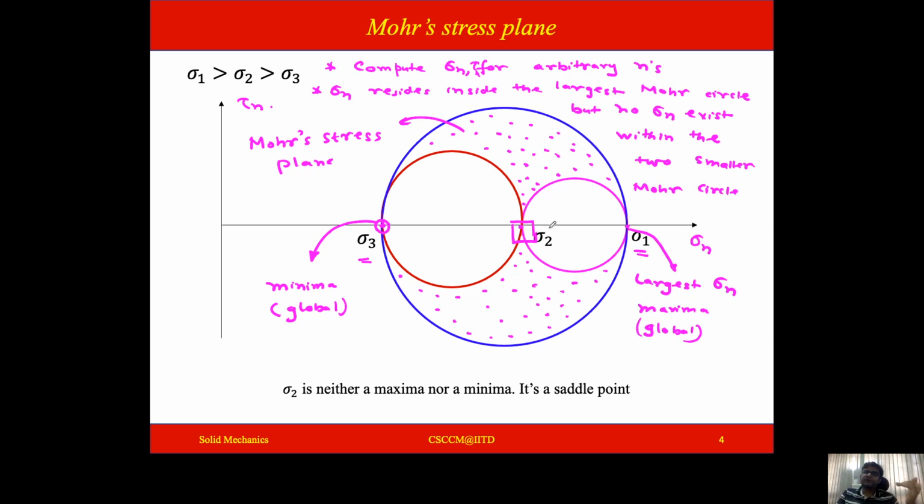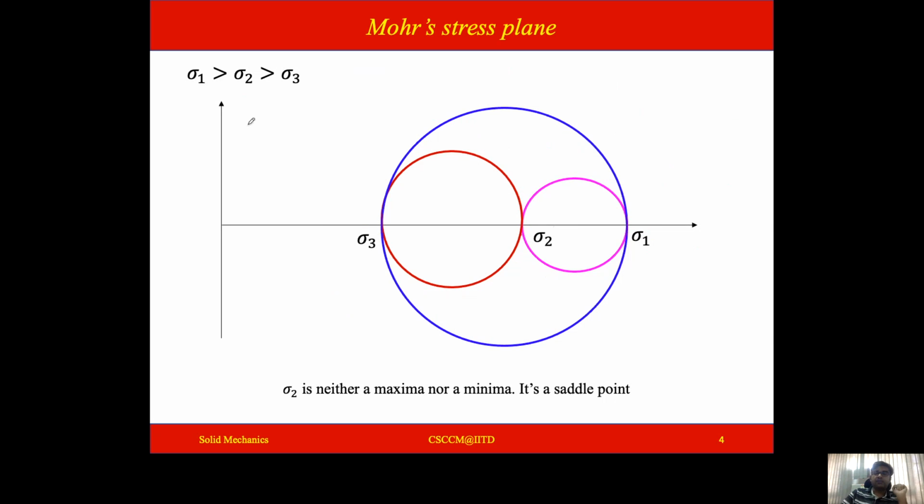The principal stresses were derived by making the derivative of the stress component on an arbitrary plane n equal to 0, and that is how we got sigma 1, sigma 2 and sigma 3. And now we are saying that sigma 1 and sigma 3 are respectively the global maxima and global minima. But what about this sigma 2?